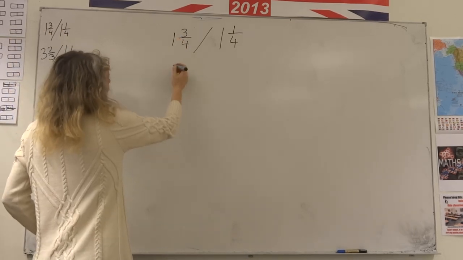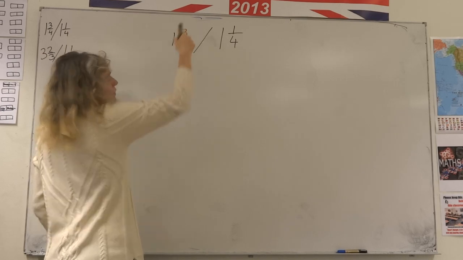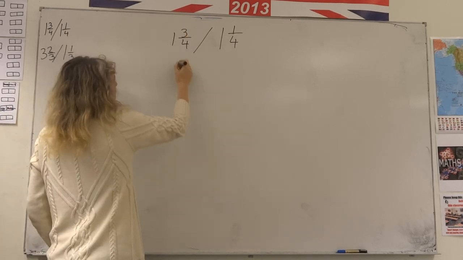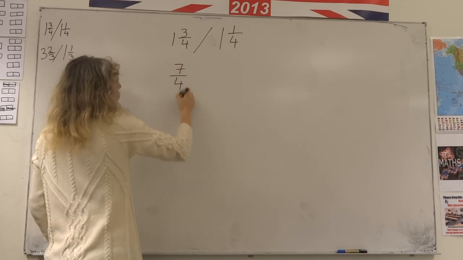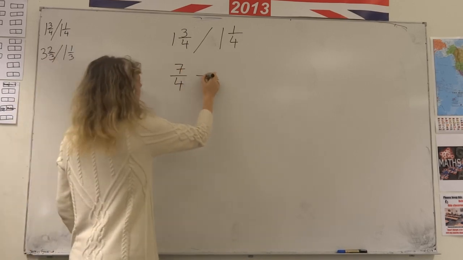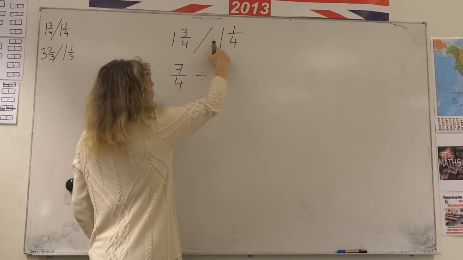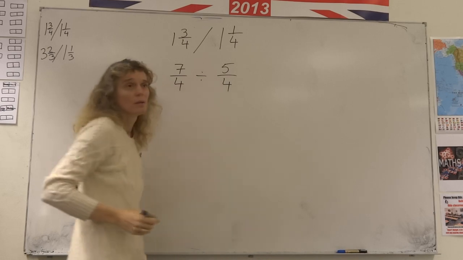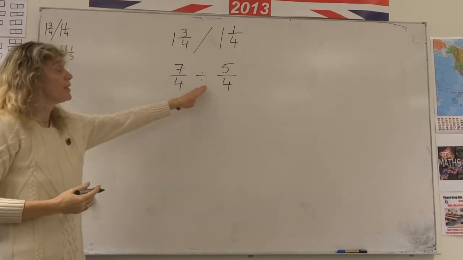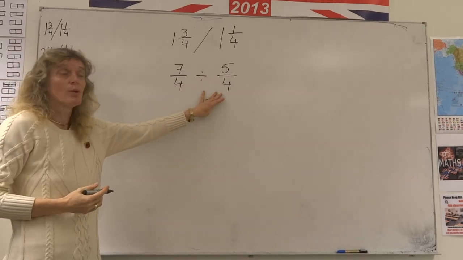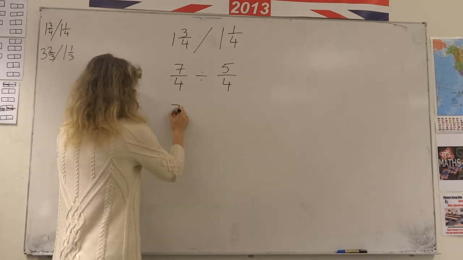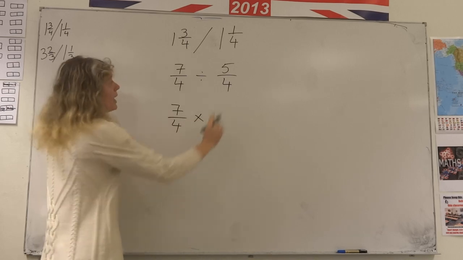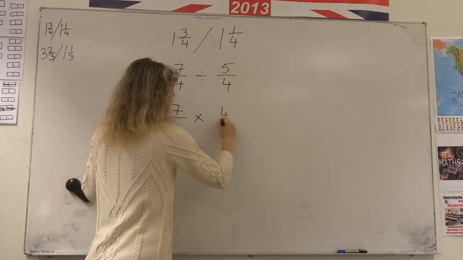So we have here, let's change this into a top-heavy fraction, step 1. 4 1s are 4, plus 3 is 7. So we would have 7/4 divided by 1 times 4 is 4, plus 1 is 5, 5/4. In order to be able to do division, we have to turn it into the form that we have to do. Keep the first number the same, change the divide sign into a multiply, and switch these two over.